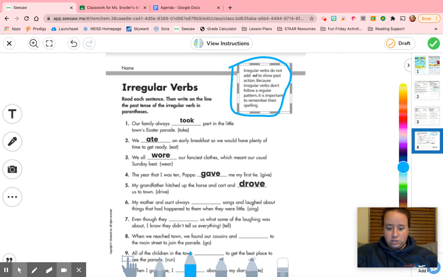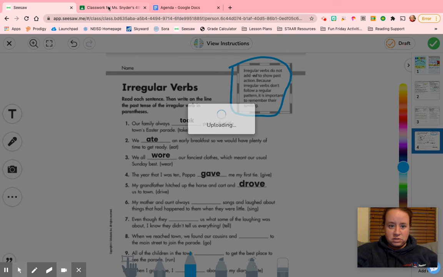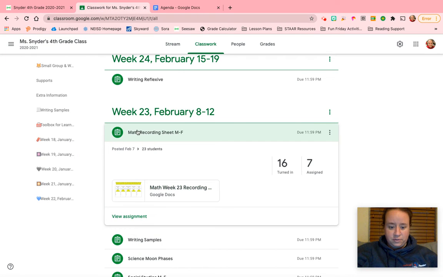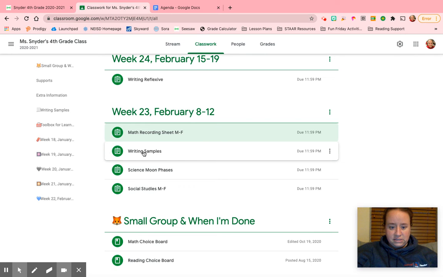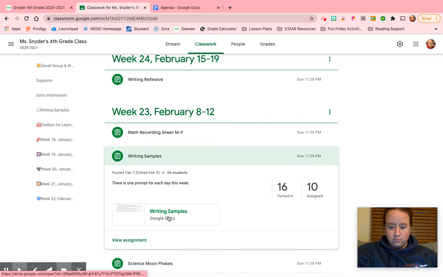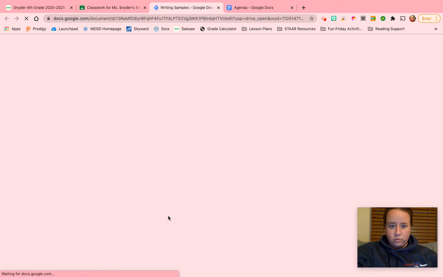And everybody finished all the way down to number 10 on the irregular verbs. All right, so make sure you have that done. And then the last part of writing was just on the writing samples that we've been doing. So the writing samples here, you had the last one, number 5.